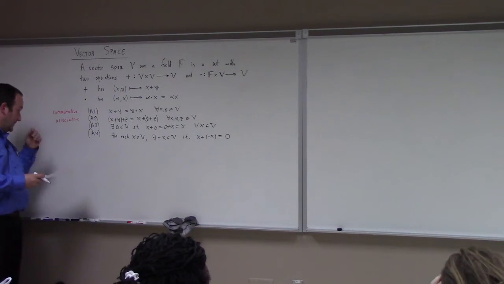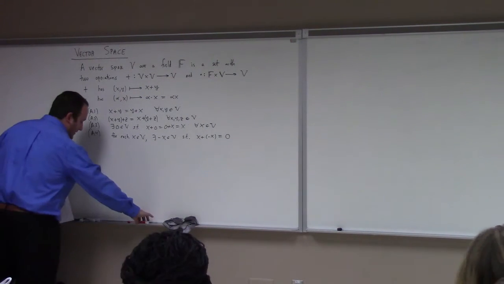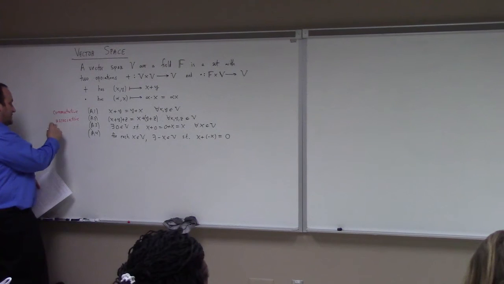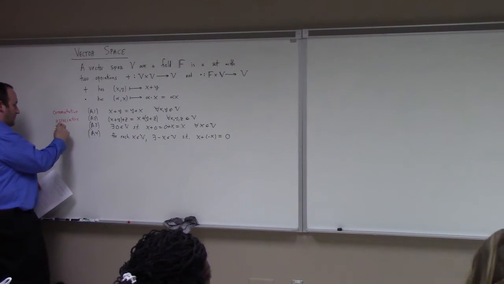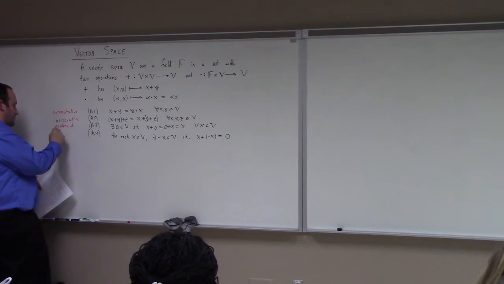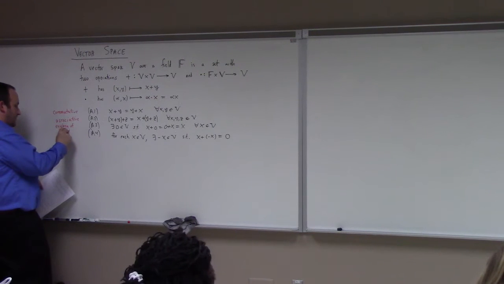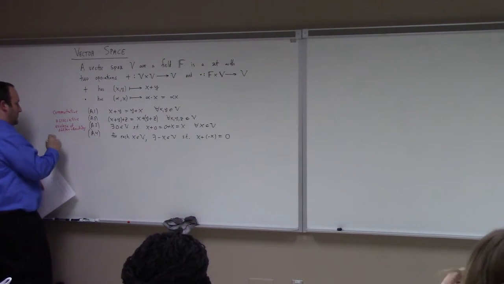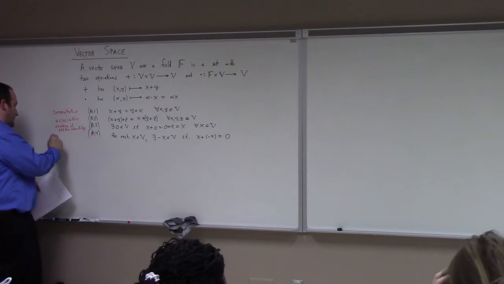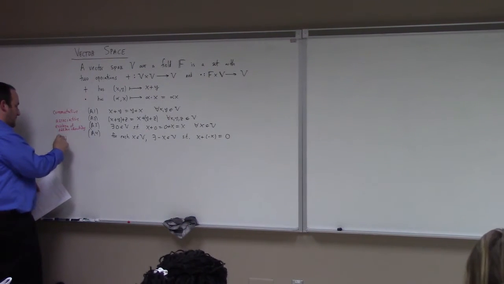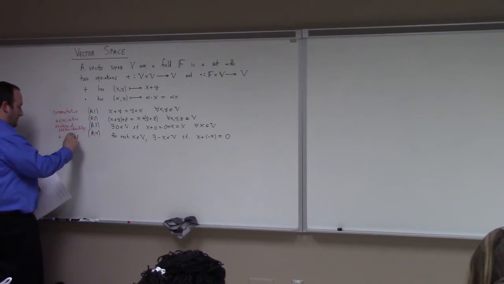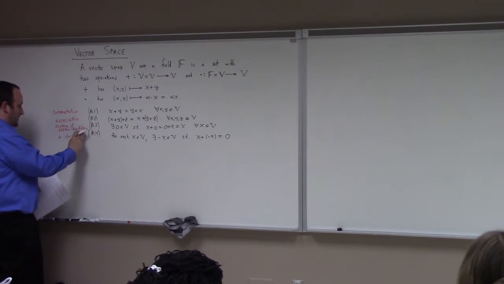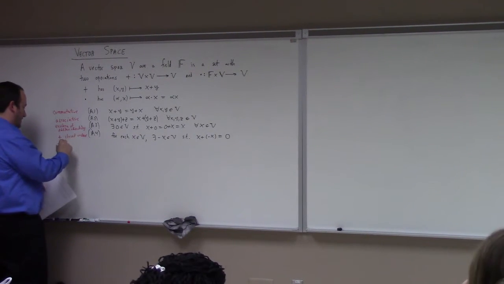So axiom 3 was existence of additive identity. Axiom 4 was addition closed under inverses, additive inverse, right?